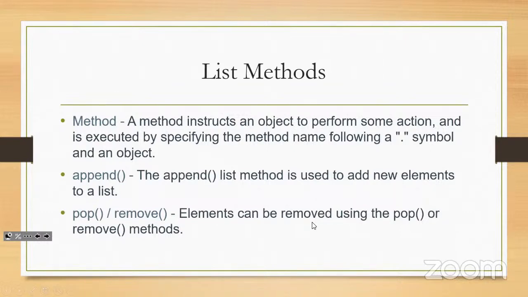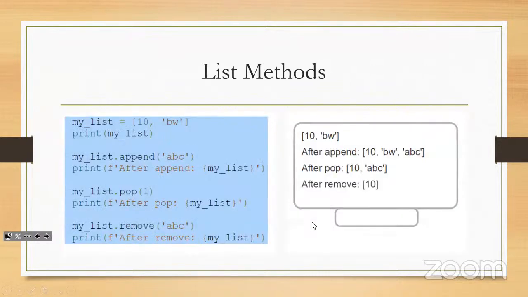Now, why are they called the same thing? Because they're slightly different. In the old days, you would pop something, and that means that it would take the last thing off. You would pop it off the top of the stack or whatever. But basically, we're removing an element. Lists have come a long way.